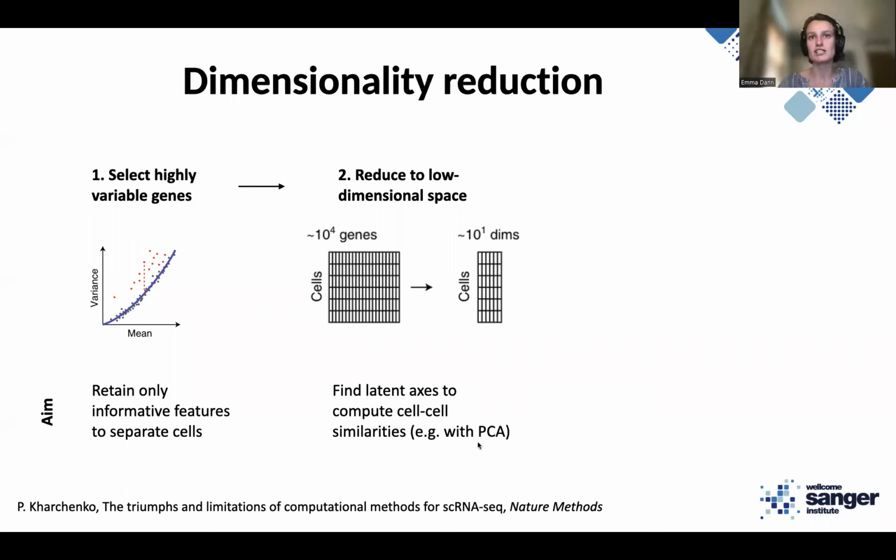PCA is the first line of analysis, but there are also many other types of dimensionality reduction strategies that go from having cells in a space of thousands of genes to a space of tens of dimensions. Once we have this low dimensional space, we can reliably quantify similarities between cells, so distances between cells.